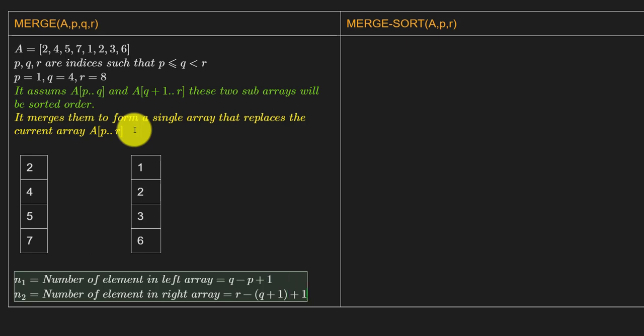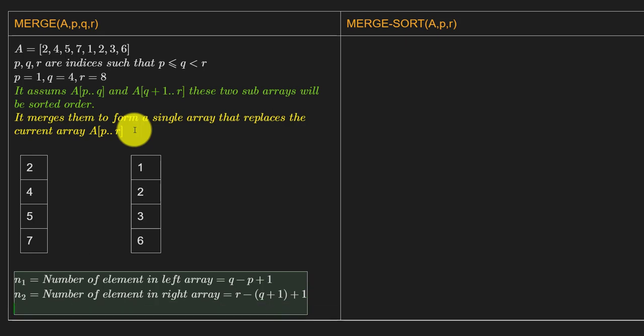That gives the total number of elements, which is r minus q.